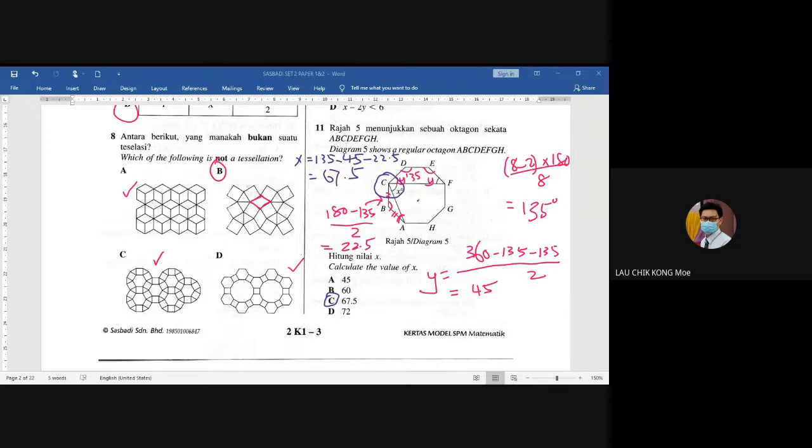After 9:40 to 10:30, you continue set 2, paper 2 for those who have not finished. Tomorrow we will continue the objective questions, and if possible we finish up to question 40. It is now 8:33, so we stop here.